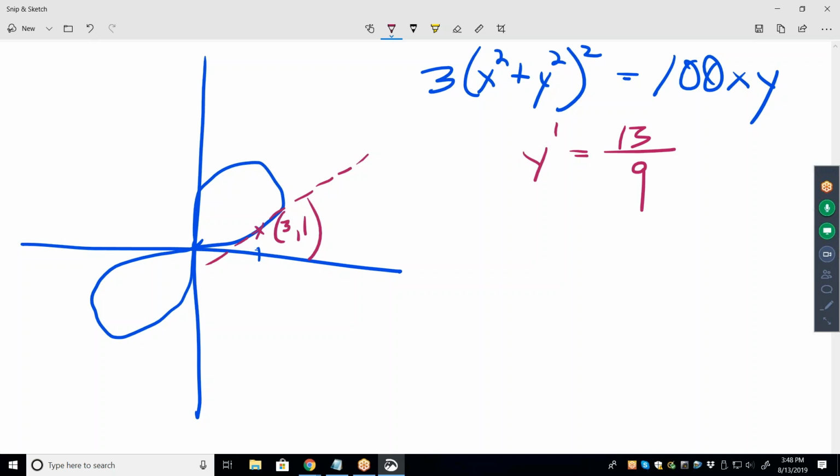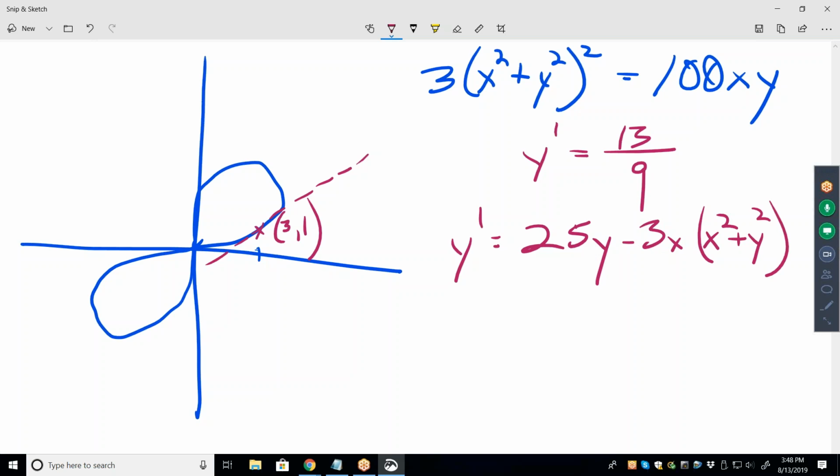Now, before we leave this problem, I need to rewrite it. I apologize, but remember, this is the slope of the tangent. Yes, sir.